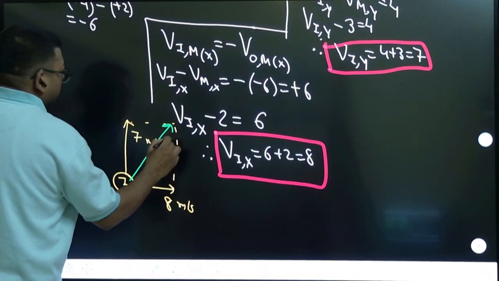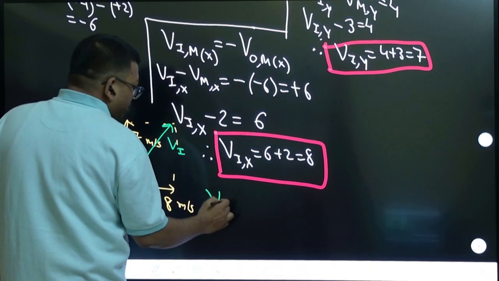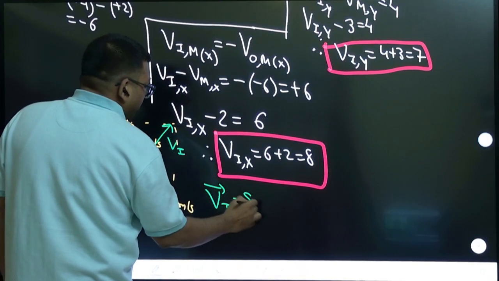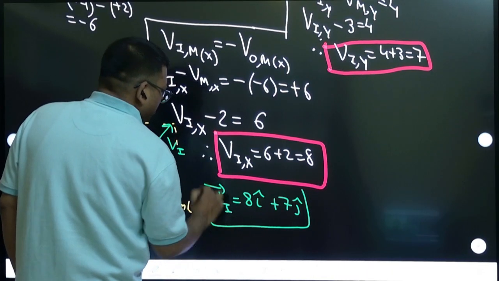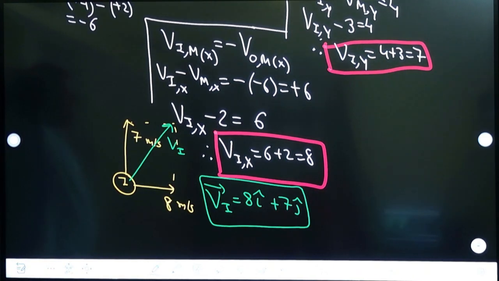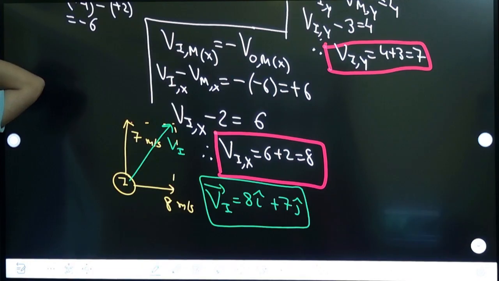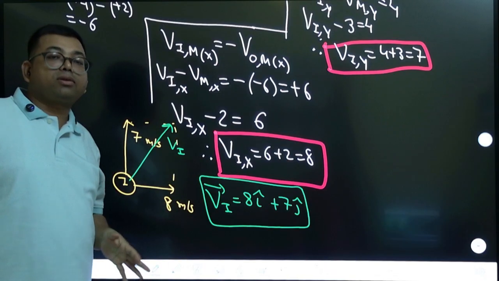If you want velocity of image to write as vector, you write 8 i cap plus 7 j cap. This is the answer, velocity of image. Clear? Okay, any doubt in this? No, no, no. This is actual velocity.